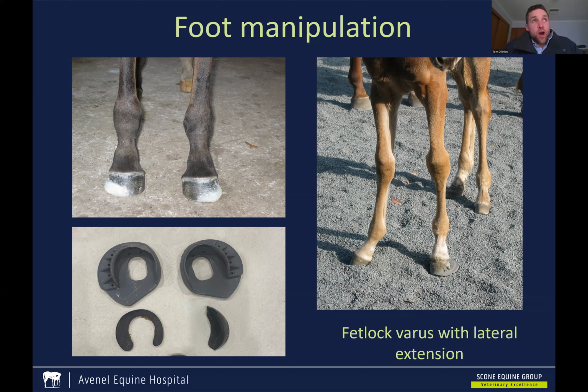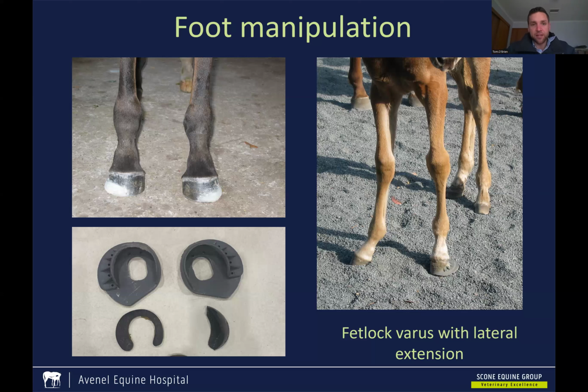I guess one important point is that foals' feet are not super strong, and you have to be quite careful about putting on extensions that strain the hoof capsule and the attachments of the hoof capsule to the bone. I would strongly recommend that foot trimming and hoof extensions are done by someone who does them regularly and is experienced at them, because you can get complications that can make things a lot worse.